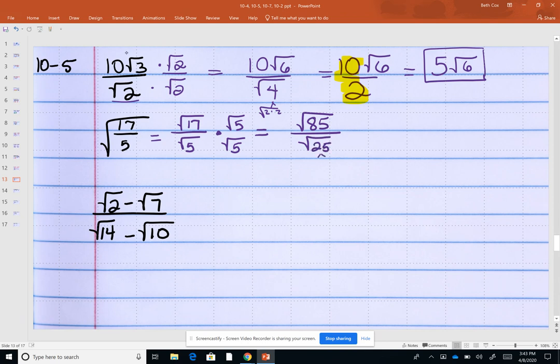This one I can break and simplify. The 5 gets out. Again, you might be able to figure out by now that is like a shortcut, and you have my permission to do that shortcut. You can skip this step right here. You can go straight from here to there. But the square root of 85, can I simplify it? The answer is no. If I tried to square root this, I'd just get 5 times 17. There are no pairs. Nobody's getting out of that house.